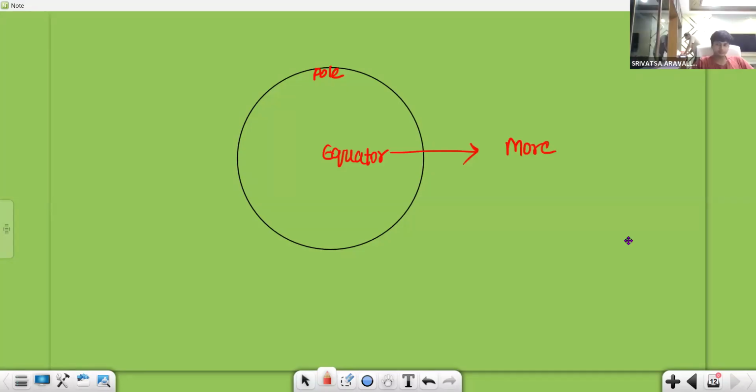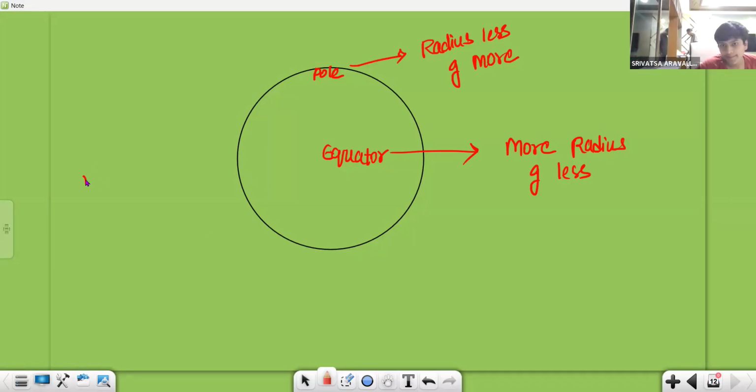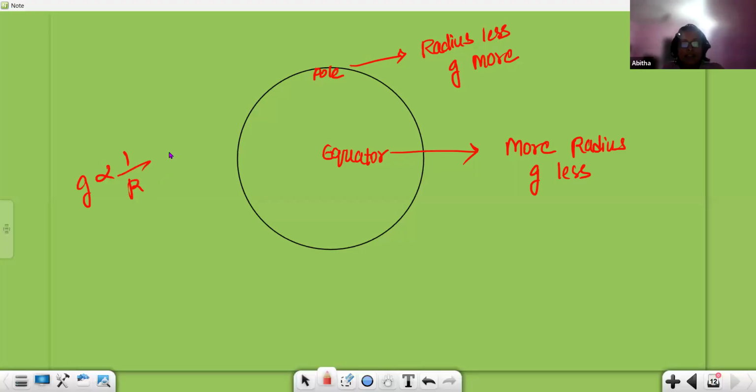At the equator the radius is more, so g is less. At the pole the radius is less, so g is going to be more. Clear so far? Because g is inversely related to the square of the radius. So if the radius is more, g is going to be less.